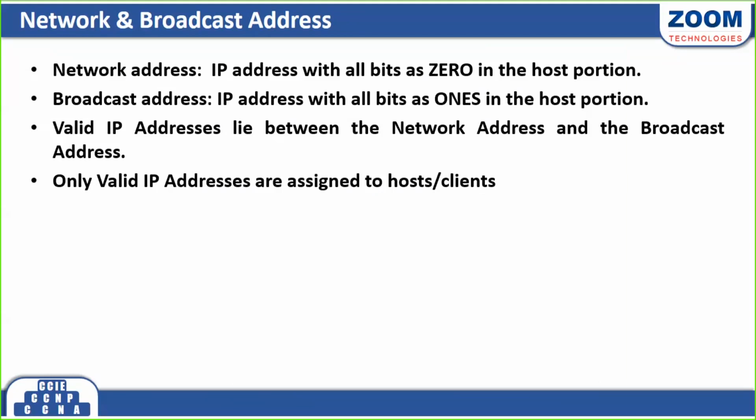That is the standard. We remember that, yes. An IP address with all bits as zeros in the host portion is the network ID. An IP address with all bits as ones in the host portion is the broadcast ID.